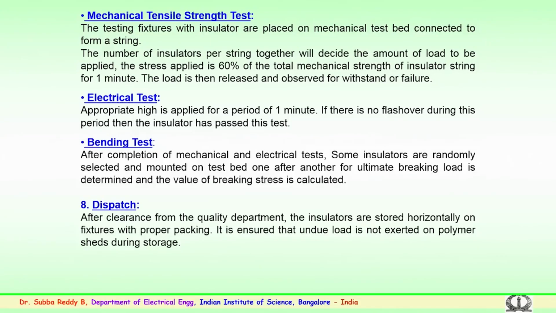So, after the electrical, mechanical and bending tests, which are routine in nature, the insulators from the quality section are cleared for dispatch, where after clearance the insulators are normally stored horizontally in crates with proper packing and fixing, ensuring that undue load is not exerted on the polymer sheds, which could be damaged if not properly taken care of.